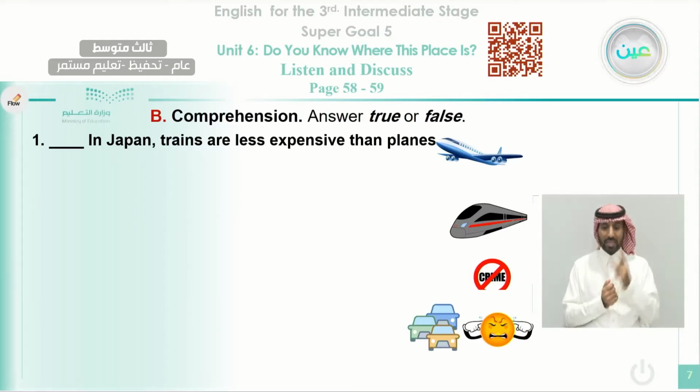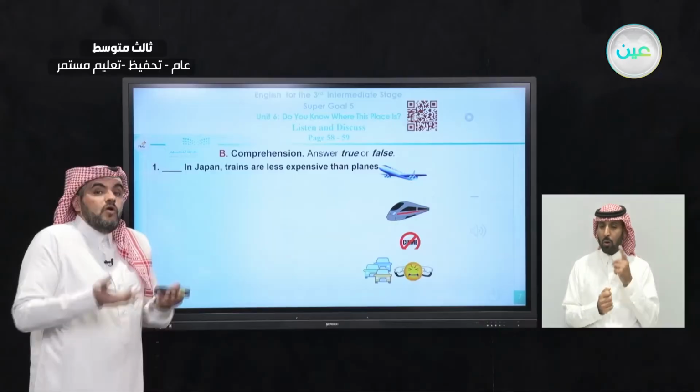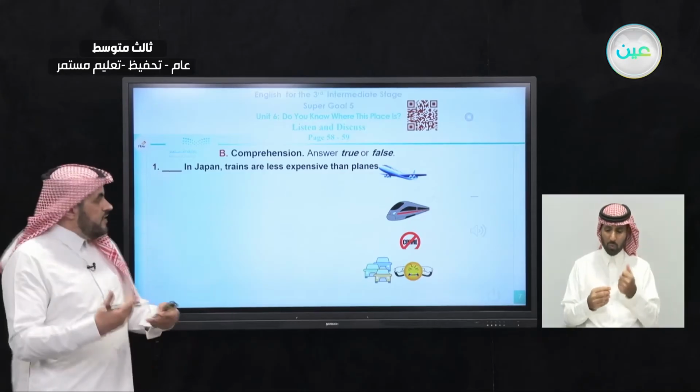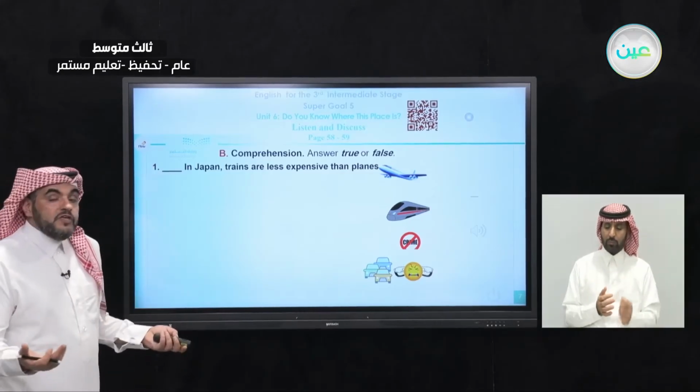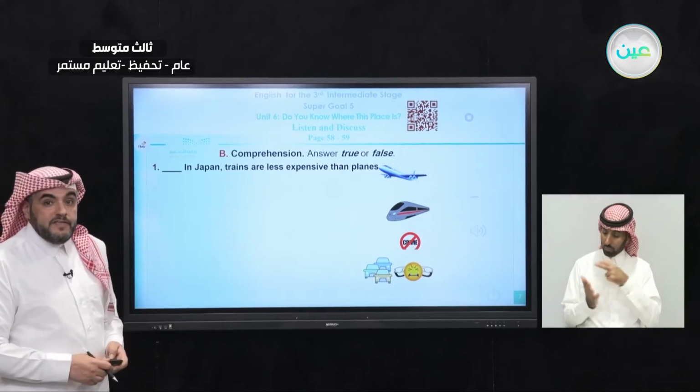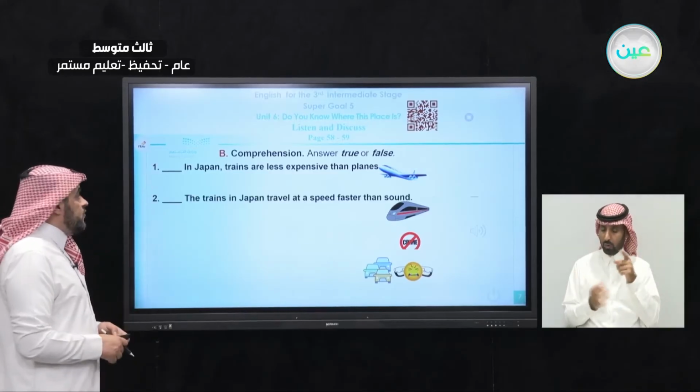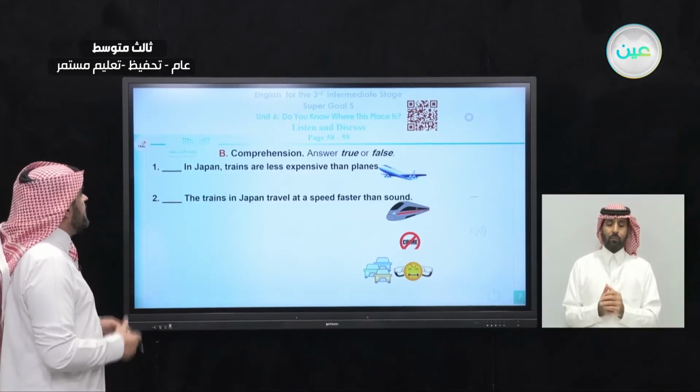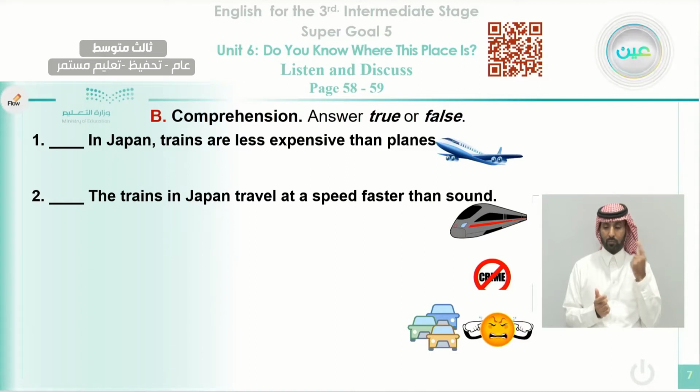The first one here, in Japan, trains are less expensive than planes. Is this statement true or false? Which one is more expensive, trains or planes? Here it says in Japan, trains are less expensive, not more, less expensive than planes. You need to find out when you read this passage. It is in passage number 1 or passage A. In number 2, also you need to decide if the statement is true or false. The trains in Japan travel at a speed faster than sound.